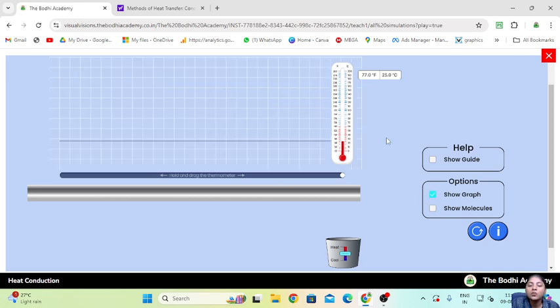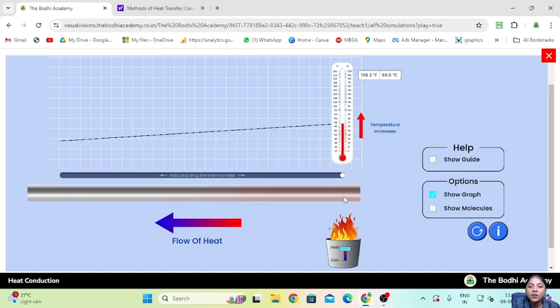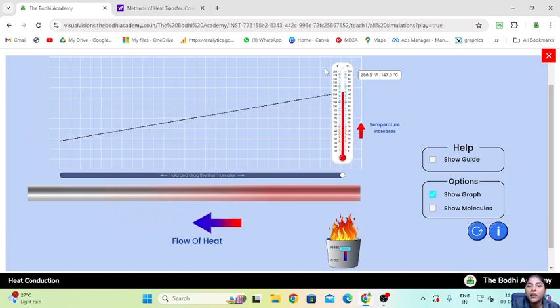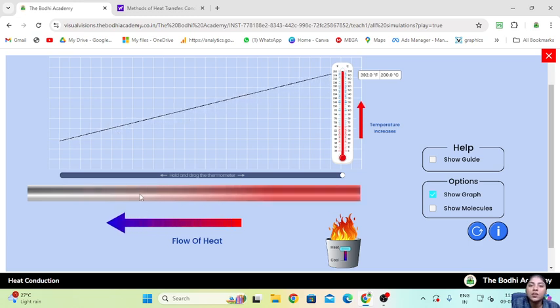Let us see how the temperature rises when I turn on this flame. See, in this portion the temperature is rising very rapidly, and then slowly in the other areas, the rest of the rod also, there is a rise in the temperature. This end will be comparatively lower in temperature, cooler, but as we keep on providing heat, it will also get very warm.